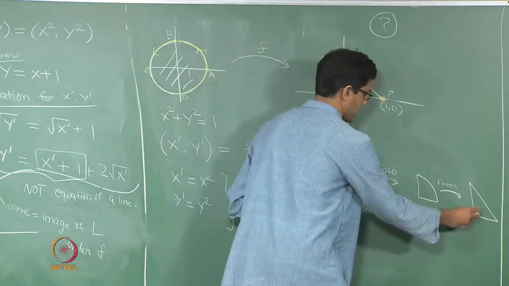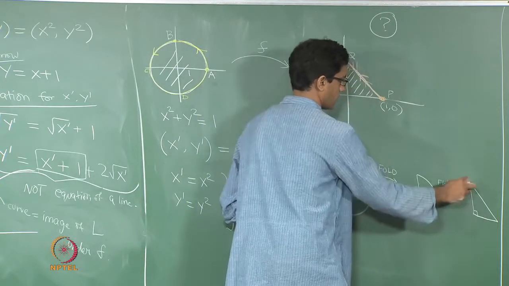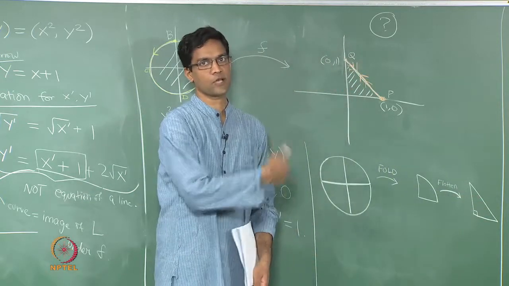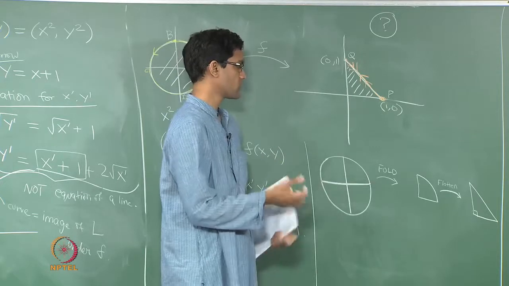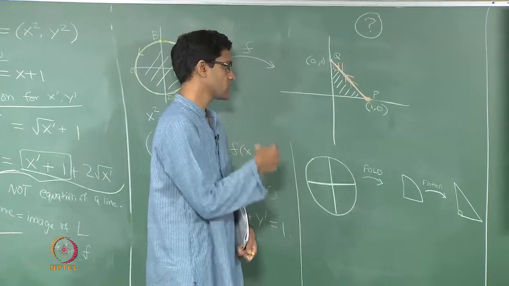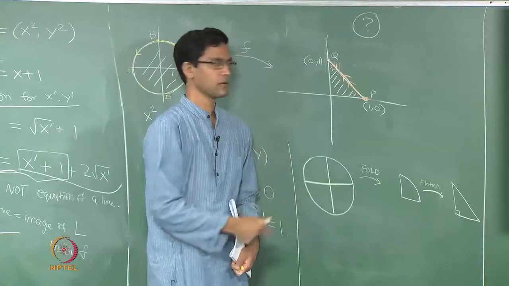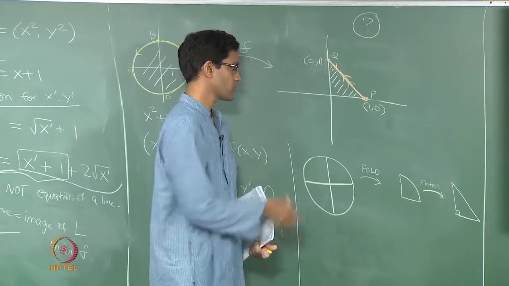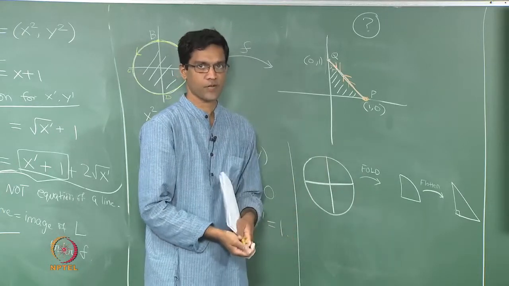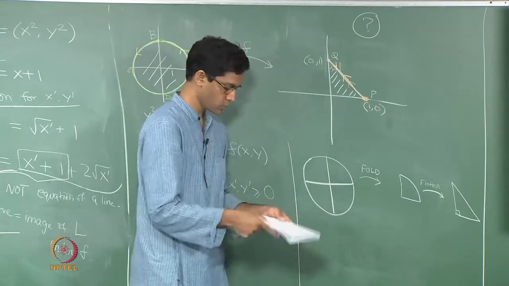Finally, that is the right angle triangle that you get joining the points (0,1) and (1,0). So it is really a two-step process here again. One, the circle is folded along the diameters into a single quadrant, and then this quadrant is flattened into a triangular region, and so this combined deformation is what the function f achieves. It does both in one stroke.